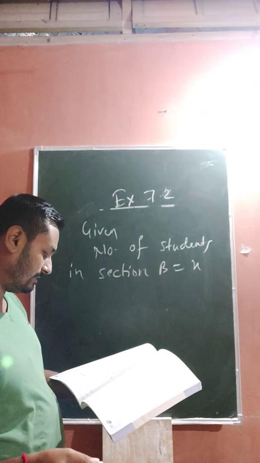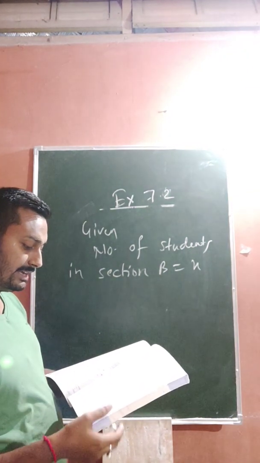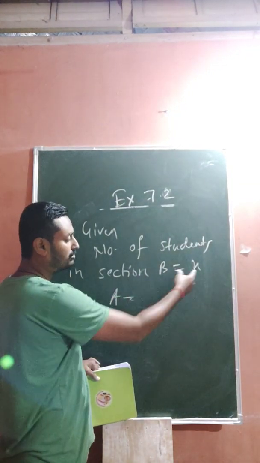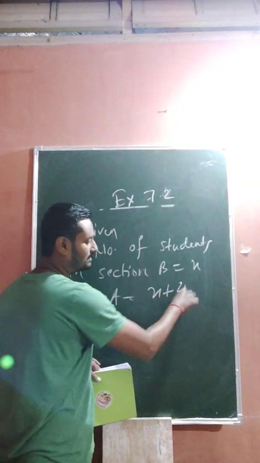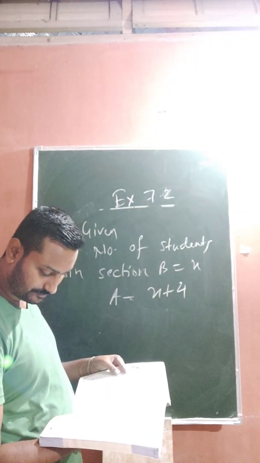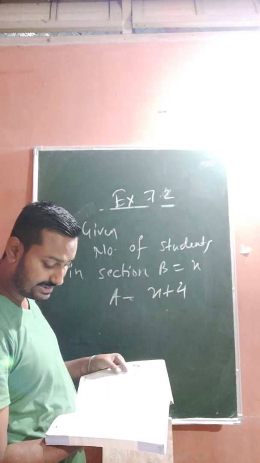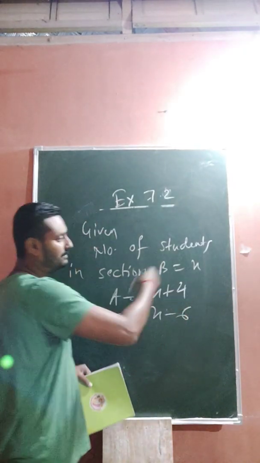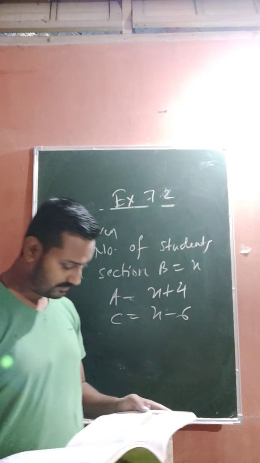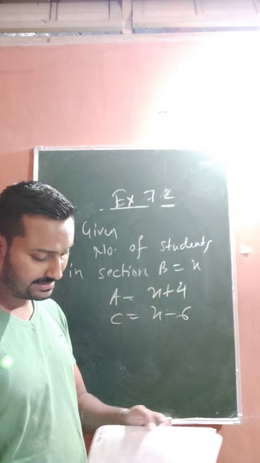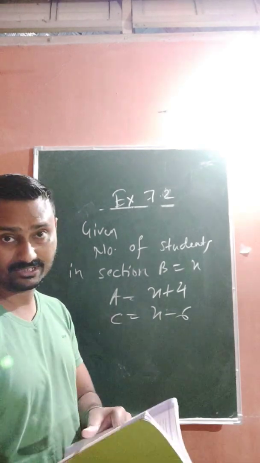According to the question, section A has 4 students more than section B, that means x plus 4. Again, another thing is given that section C has 6 students less than section B, that means x minus 6. So this type of question may come. So 7.2 is also very easy. You just have to write the expression.